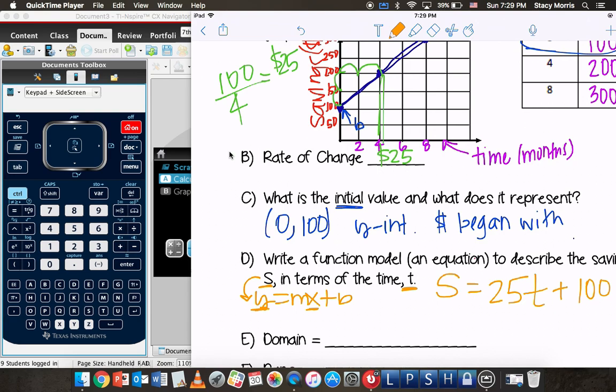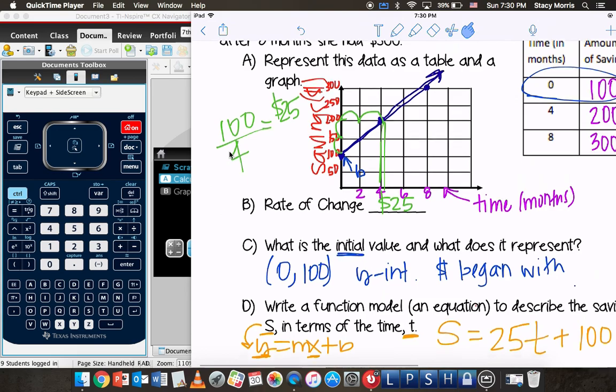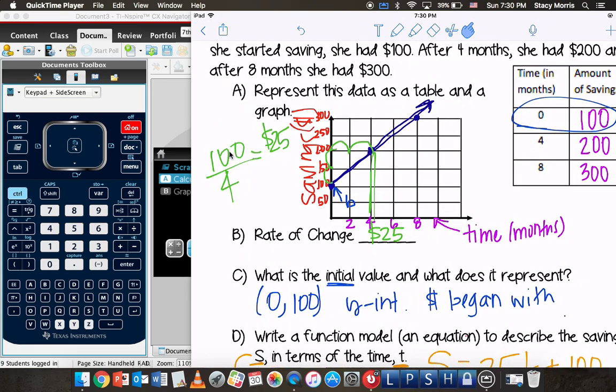So there is an equation to represent her savings. And then the question asks for domain. This is a little bit tricky because it doesn't really clarify: do we want the domain of just the situation, or the domain of what it would be? It would have to be very clear on which one it wants because they're different. For just her situation, we know that her domain starts right here at 0 and goes all the way to 8.